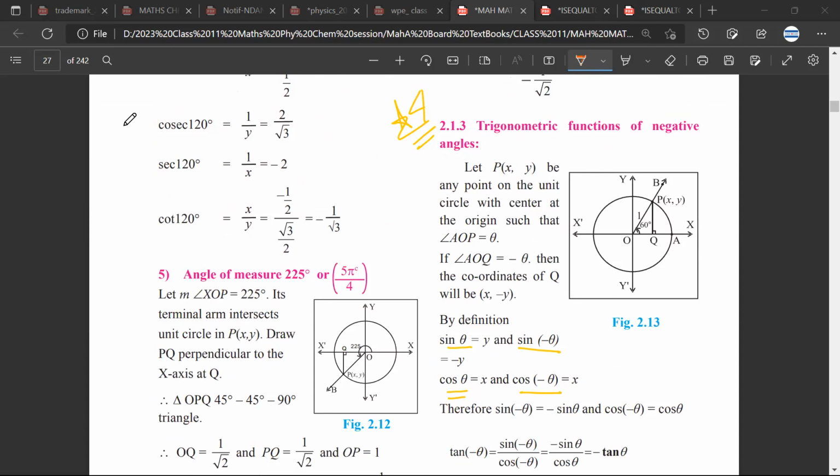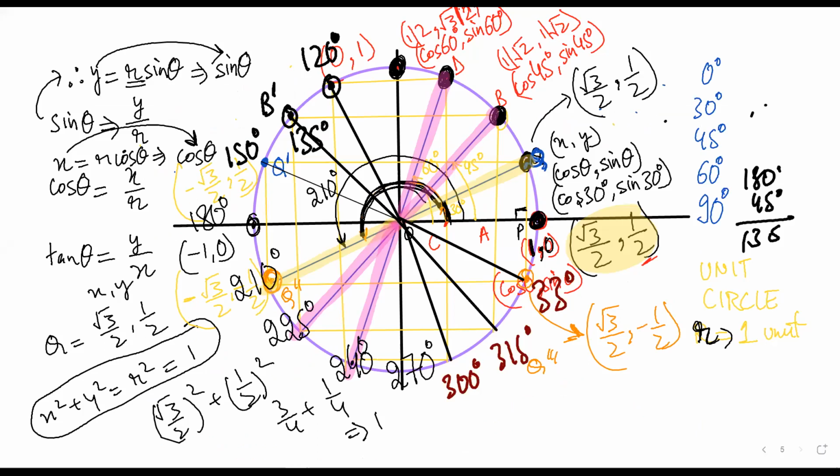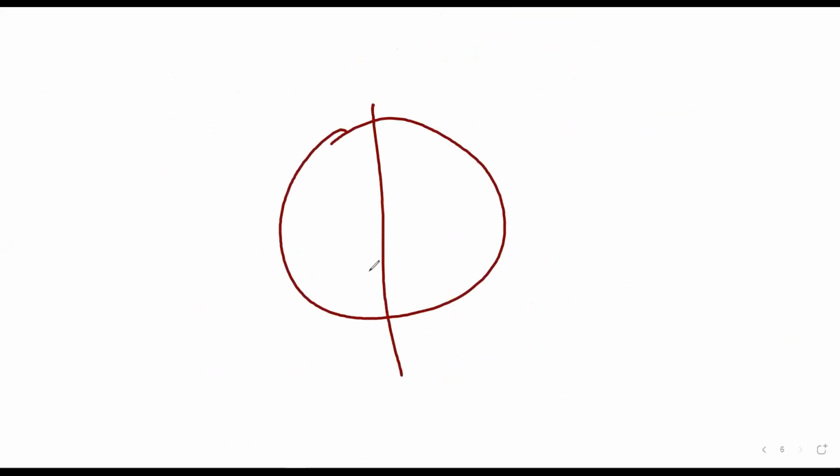Okay. Now, 3 topics are covered. We come to the fourth topic, which is the trigonometric functions of negative angles. Now, this is pretty easy. Why it becomes very easy is that if I have a unit circle like this, I'm drawing a rough figure.